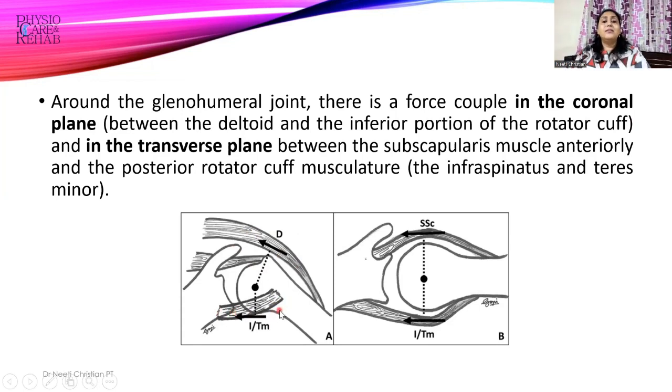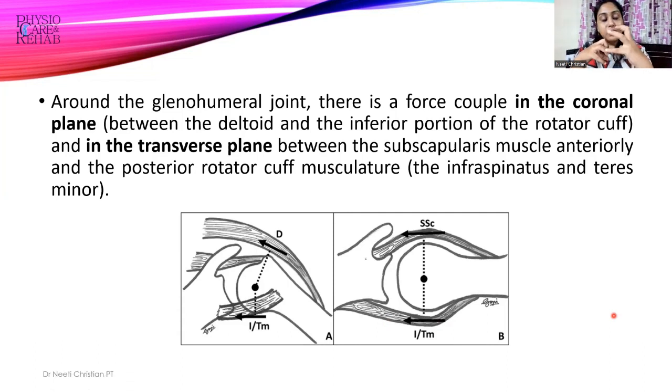This is one group of force couple. We have another one at the glenohumeral joint, in the transverse plane, between the subscapularis anteriorly and the infraspinatus and teres minor posteriorly. The basic action of these force couples is that they are active just like an agonist muscle.